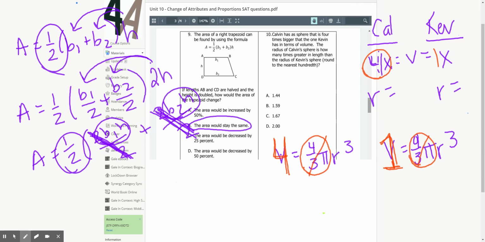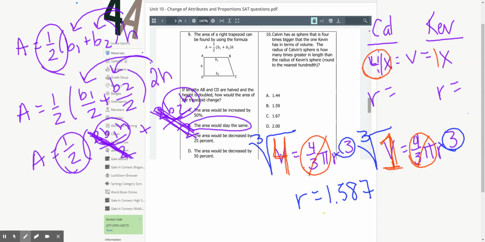So I think we need to take the cube root. If I take the cube root of both sides, we're going to get r equals the cube root of 4, which is 1.587. And we take the cube root here to get rid of these cubes, right?